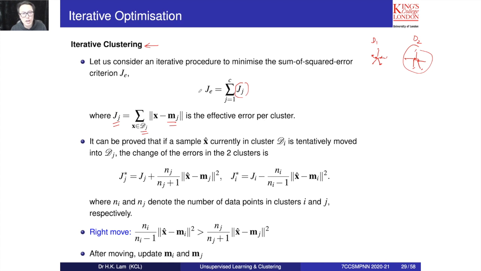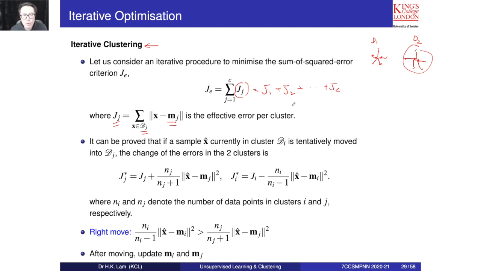That is what we have mentioned before. When we break it down, we find that the total cost is the cost for cluster 1 plus the cost for cluster 2, up to the cost of cluster C.